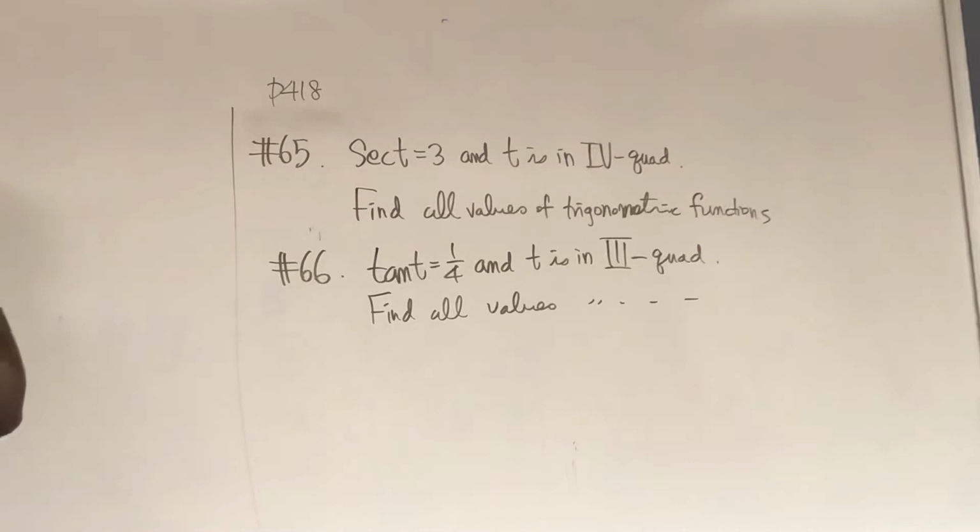So the first one is, cos t equals 1 over 3. Now we can do the Pythagorean identity.